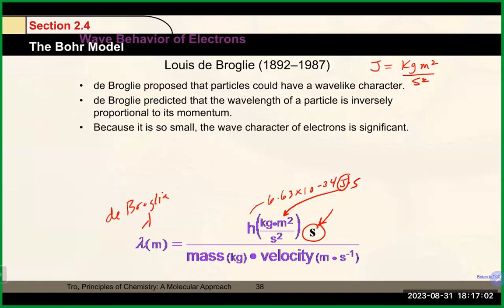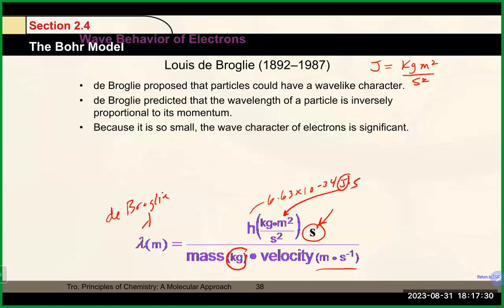The mass of your particle has to be in kilograms and not grams, so that everything properly cancels out. And the velocity, whatever unit it may be, if it's in miles per hour or something like that, you need to get it into meters per second so that it will also correctly cancel out.